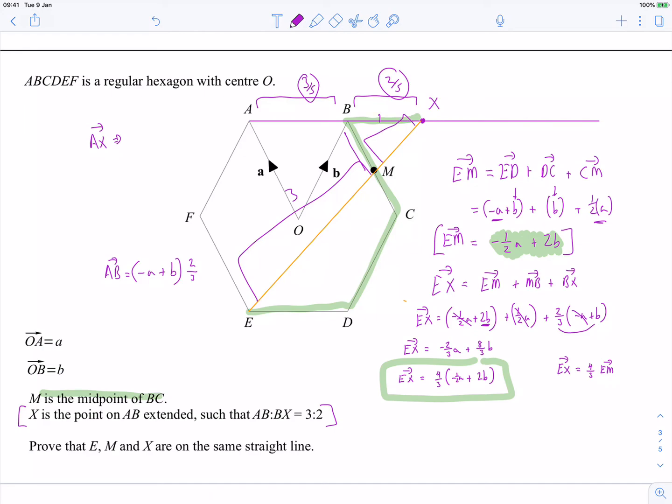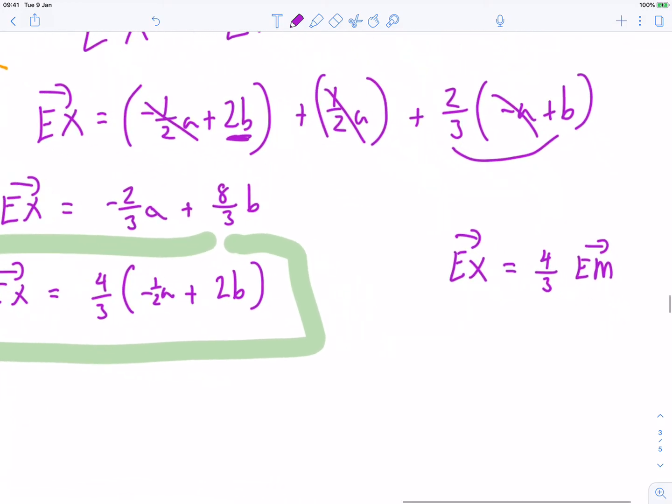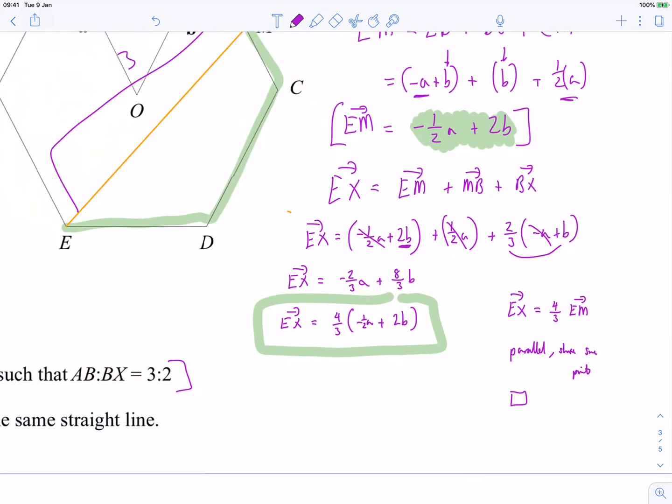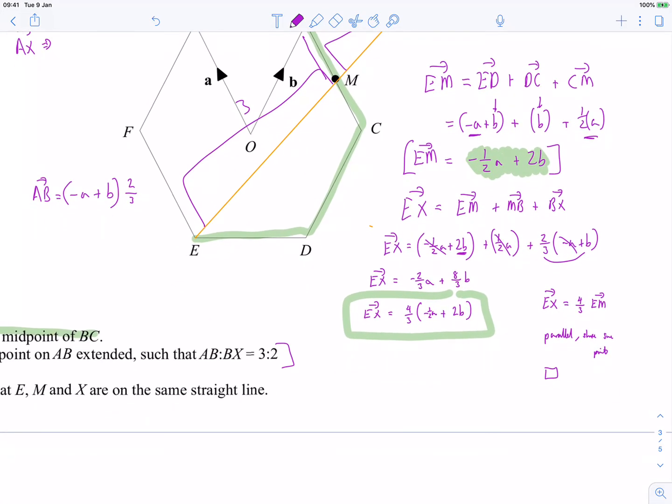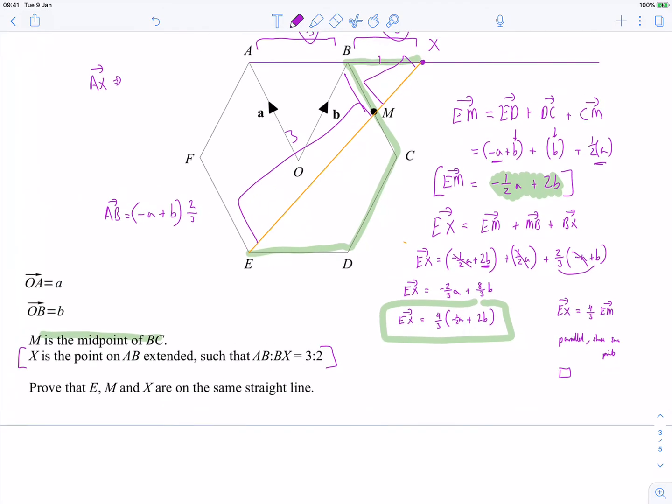I've got to go 1 1/3 of e to m as I do to get from e to x. So that means they're parallel, and they share the same point. So they must lie on the same line. They are what's called collinear.